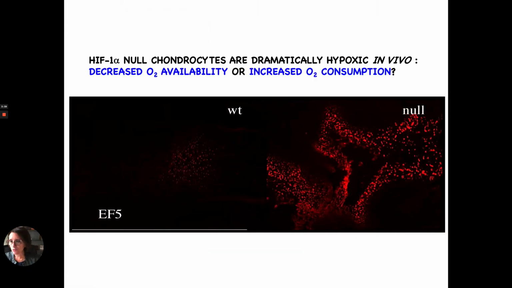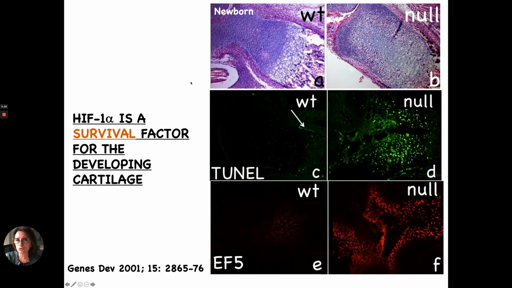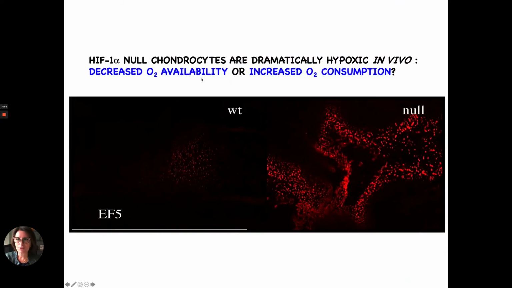The degree of intracellular hypoxia is the net result of oxygen availability versus oxygen consumption. Over the years, we demonstrated that this dramatic increase in hypoxia of null chondrocytes was not due to a decrease in oxygen availability. So if it's not decreased oxygen availability, it has to be increased oxygen consumption.